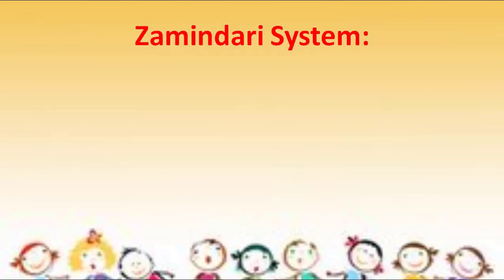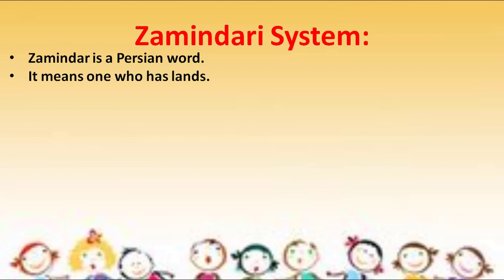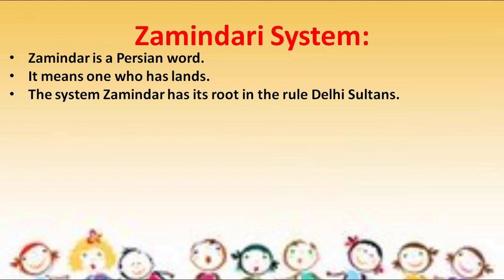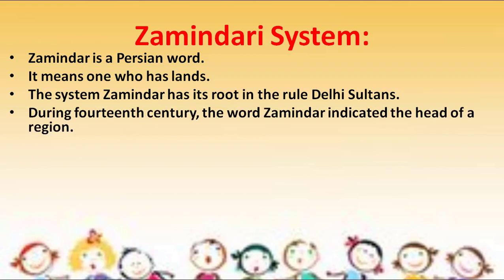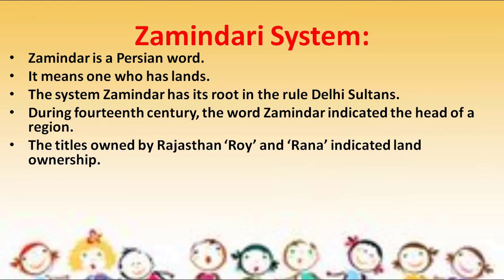Let's come to the second one, the Zamindari system. Zamindari or Zamindar is a Persian word. It means one who has lands. The Zamindar system has its roots in the rule of the Delhi Sultans. During the 14th century, the word Zamindar indicated the head of a region. The titles owned by Rajas, Rays and Ranas indicated land ownership.